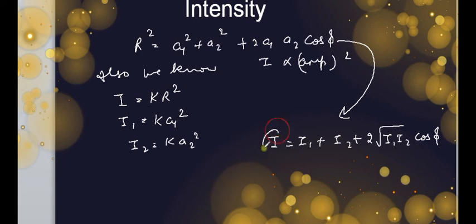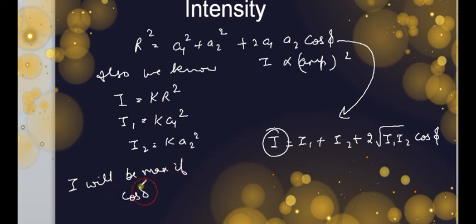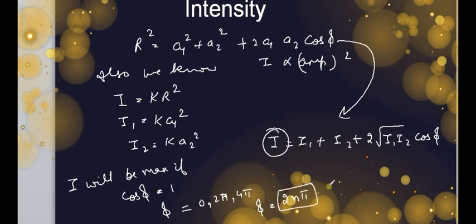So here the intensity I will be maximum if cos phi is maximum, that is plus 1. This is only possible if phi is equal to 0, 2 pi, 4 pi, an even multiple of pi, or you can say phi is equal to 2n pi. This is the phase difference.